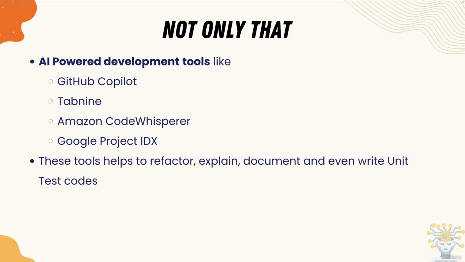Whatever code is generated by these large language models can then be refactored and written in a better fashion using these AI-powered development tools. And what if you wanted to understand the code, or refactor an existing code which is given to you, or add some documentation to the existing code? You can do every single thing using these AI-powered development tools like GitHub Copilot, Tabnine, and others.